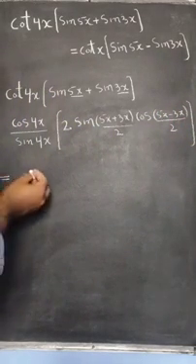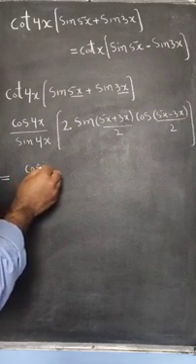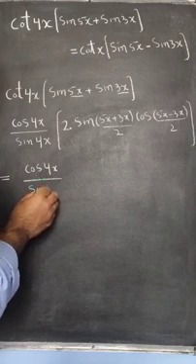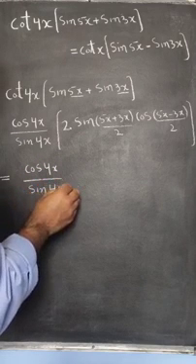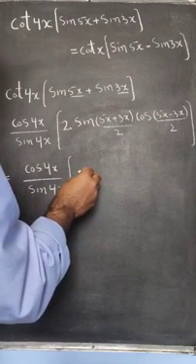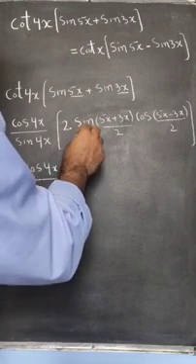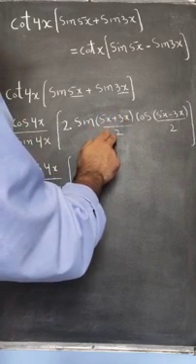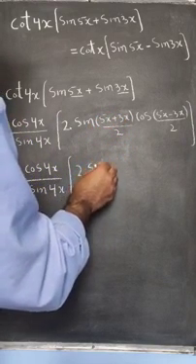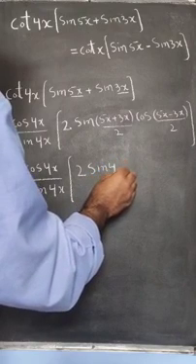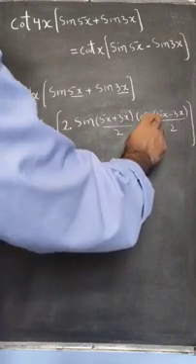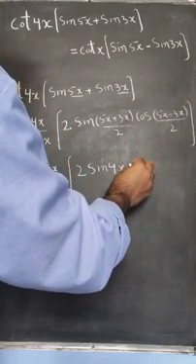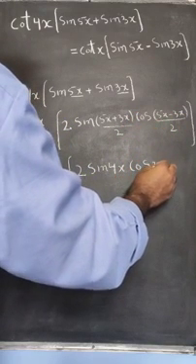That is further equal to cosine of 4x divided by sine of 4x into twice, it's 5x plus 3x, that is 8x. 8x by 2 is 4x. So it is sine of 4x into, it is 5x minus 3x, that's 2x. 2x divided by 2 is x, so we get cos of x.